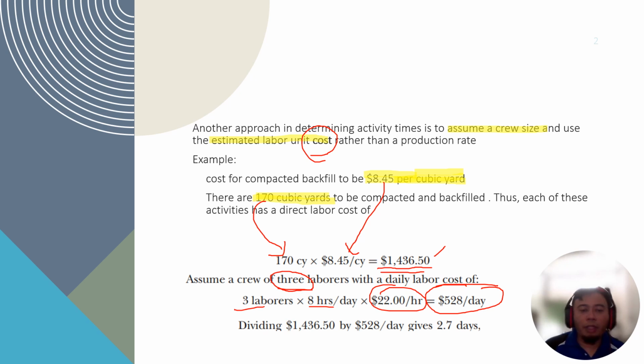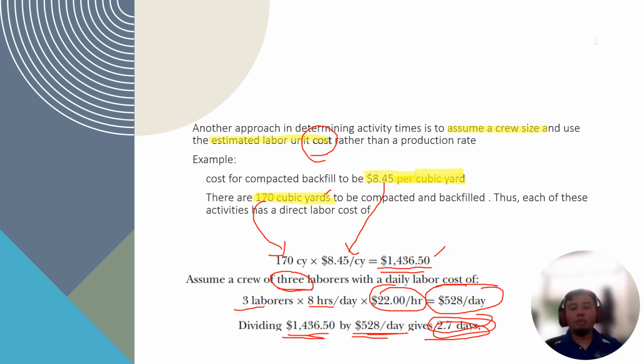Simple mathematics: you divide your total cost for the work, based on the requirement of the contract, by the cost of your planned rate and number of workers. It will be 3 days of work.